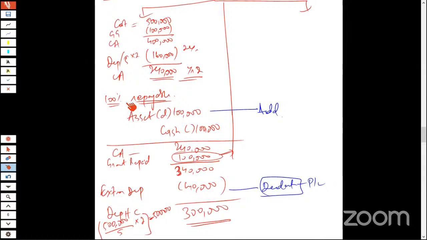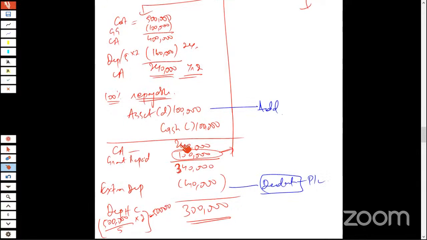Now 100% of the grant is repayable. So you would say cash credit, asset debit 100,000. What are you going to do then? Carrying amount of the asset is 240,000. The grant is repaid of 100,000. So the carrying amount becomes 340,000. But what has happened is we have added up the entire grant, but we have not recognized the depreciation that would have been charged had there been no grant.